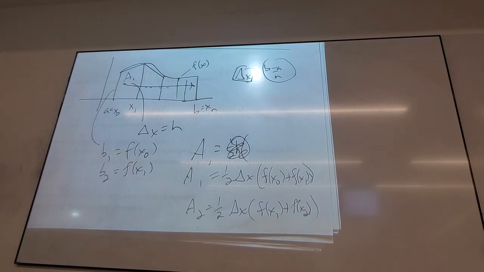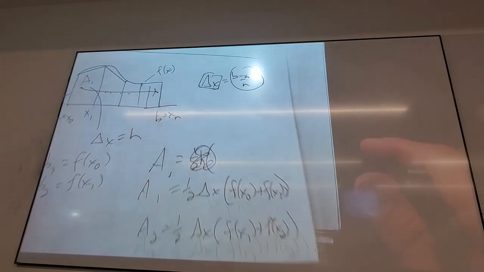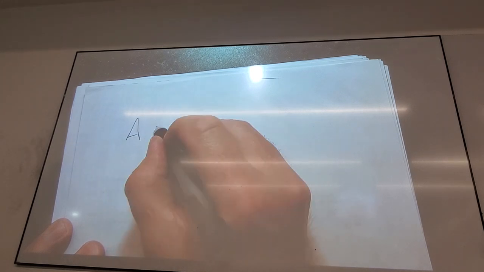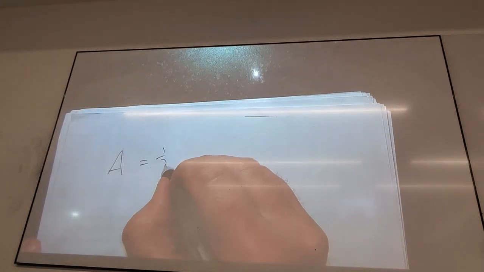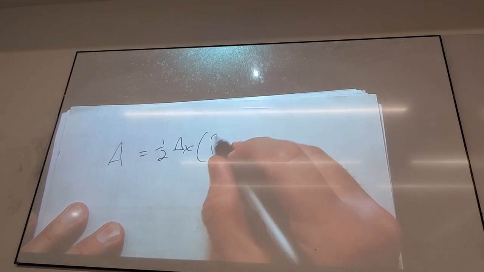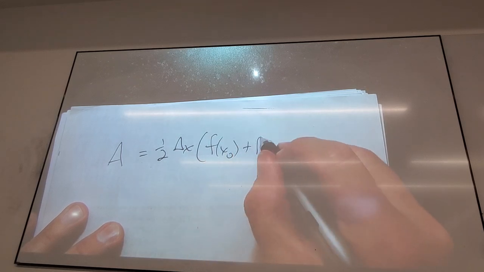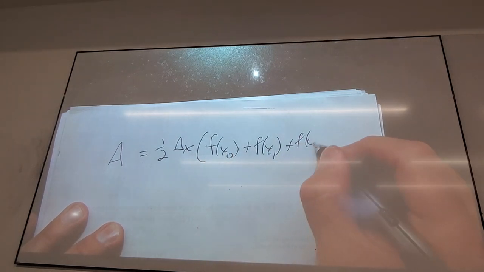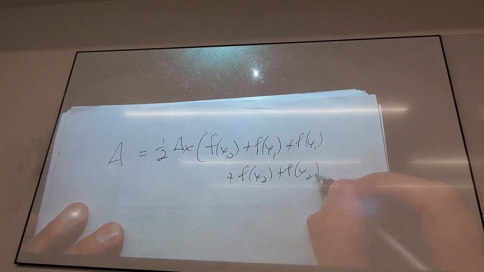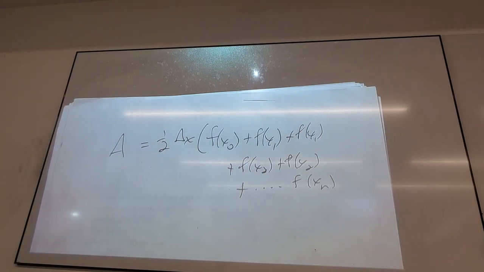So, what does this end up looking like? I'm going to factor out a 1/2 and a delta x. So then I'll have f of x0 plus f of x1 plus f of x1 plus f of x2 plus f of x2 plus ... up to xn. Yes?